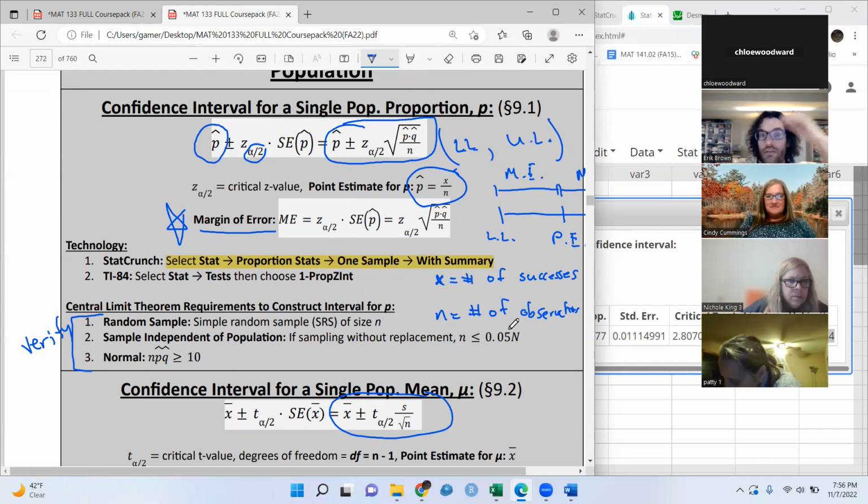Am I thinking about proportions or am I thinking about means? I've seen students try to solve a problem where they write down the mean formula and say, I can't find s. It's because the problem is a proportion problem, not a mean problem. That's the argument for writing the formula down and the substitution.